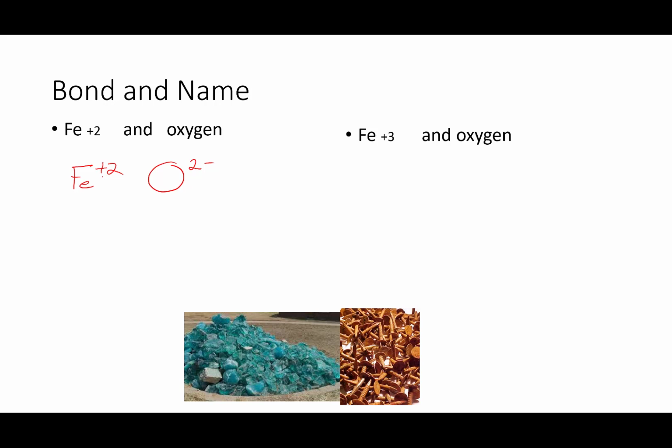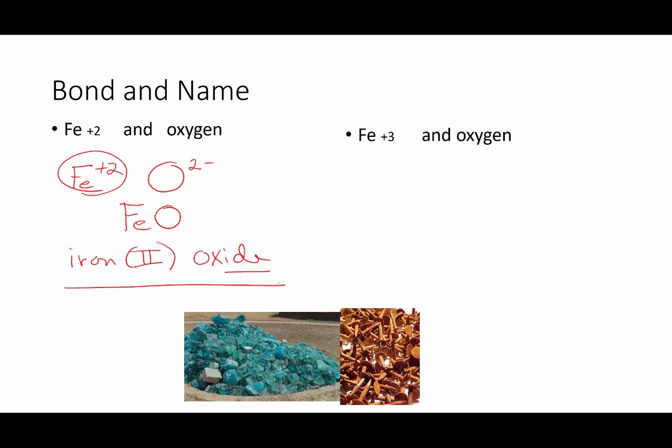Metal written first, one of each, FeO would be the compound. How do I name it? I would name it iron 2, Roman numeral 2, to indicate that's the ion I'm working with, and then second non-metal ion, ending changed to IDE, iron 2 oxide.